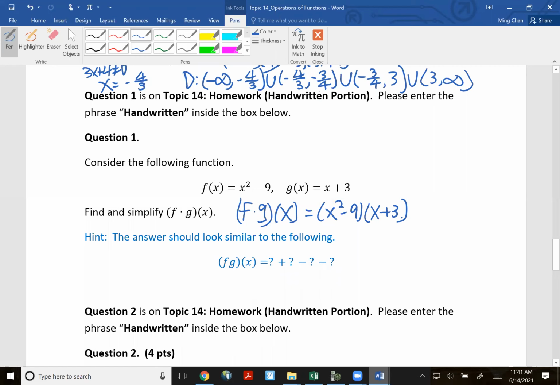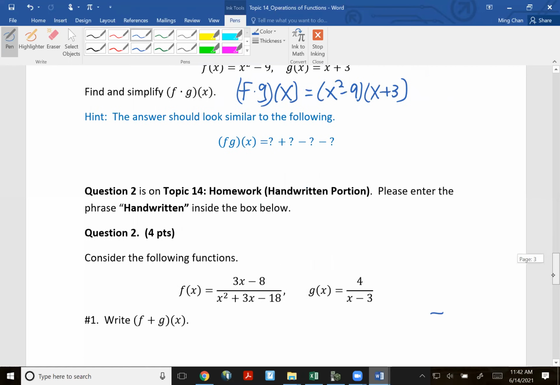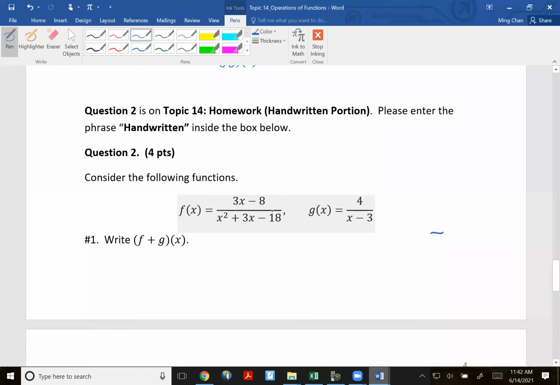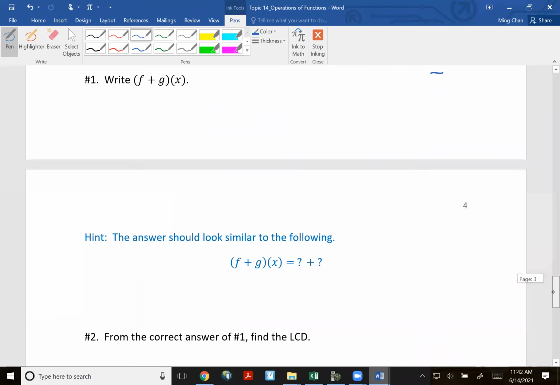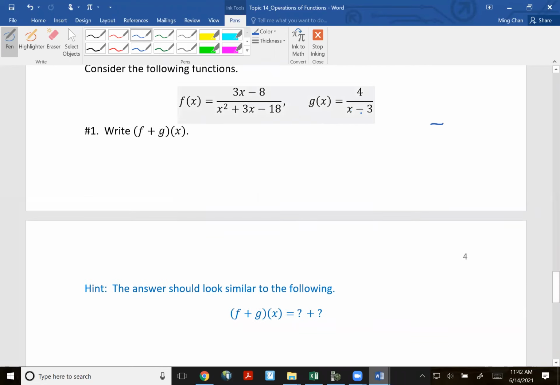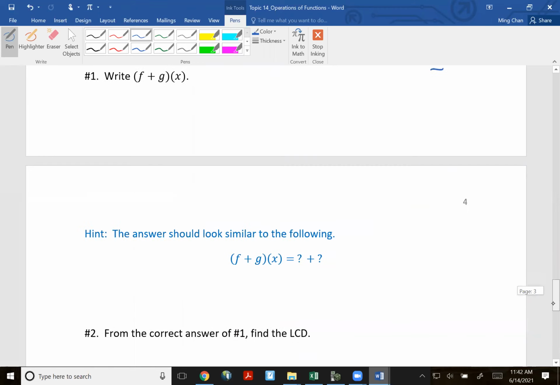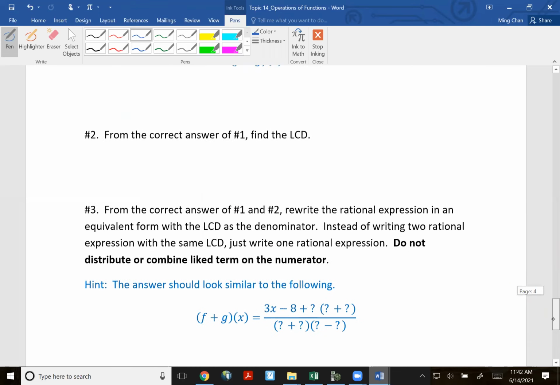Okay. Number 2, I want you to write it out. These two functions add up together, just like what I showed you. Find the LCD, count the repeated factors and non-repeated factors.